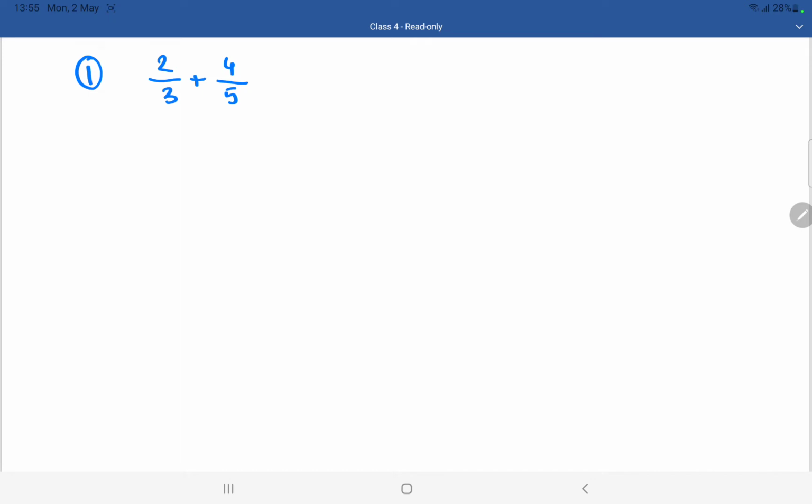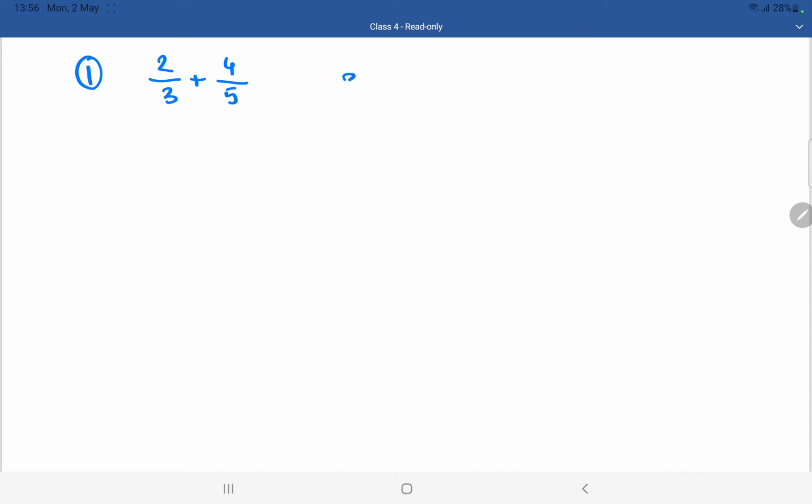If we have like fractions, you can simply add the numerators and keep the denominators the same. For example, 2 by 3 plus 4 by 3, as we saw now. But if you have unlike fractions, you need to take the LCM of the denominators.